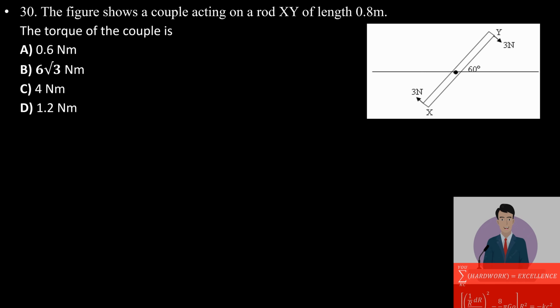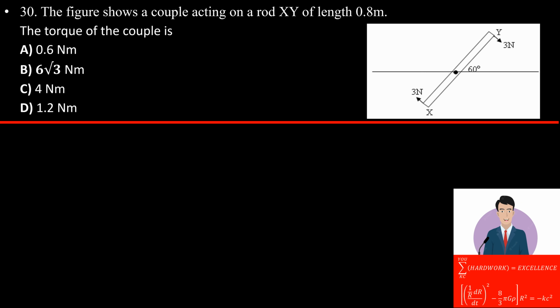Okay, so we have a couple here. This question had a problem, right? It's a past question, I've seen it before. Well, you notice that we have this couple acting on this particular beam, right? So the distance between the two forces is basically the length of the beam, which is 0.8. So the torque here is basically the force multiplied by the perpendicular distance between the forces. Now, notice that the way it's drawn, it shows that this force and the beam are perpendicular already.